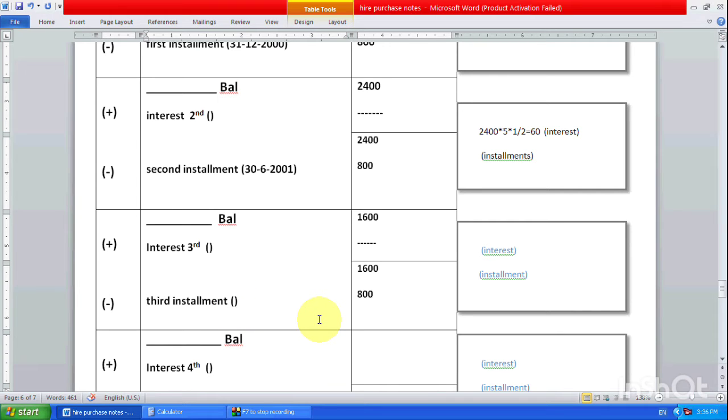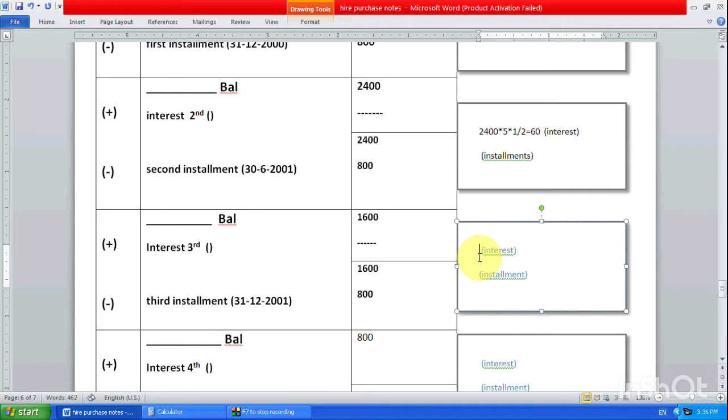That is for 30 June to 31st December 2001. Now calculate the interest for the third half yearly: 1,600 into 5% into 1 divided by 2, so we will get 40.